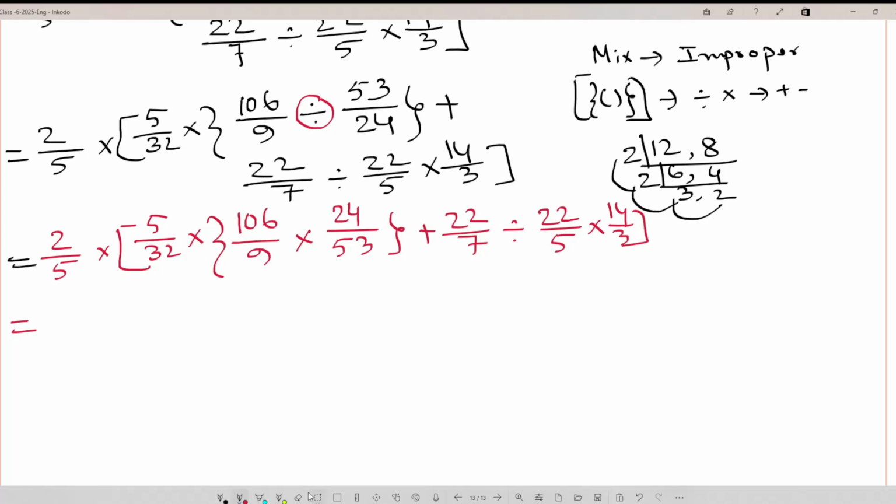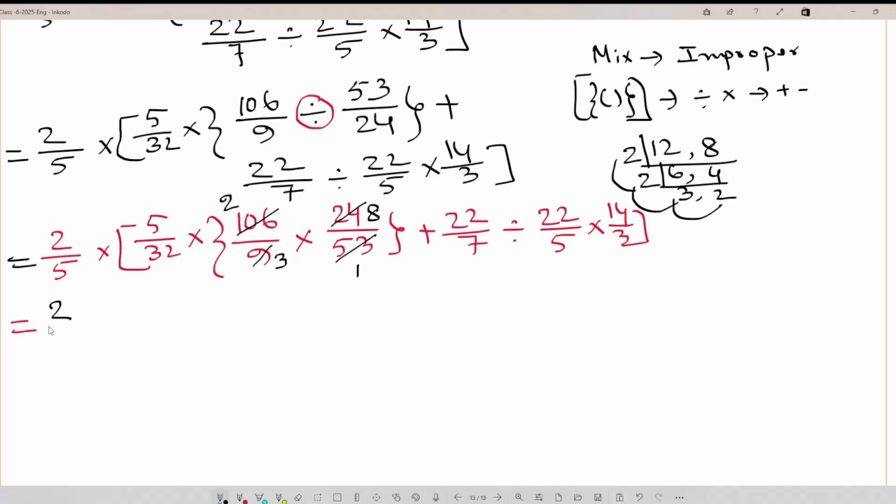Now look, here we can divide something. 106 divide 53, it will be 2, and here is 1. And similarly, 24 we can divide by 3, so here is 8, and 9 we can divide by 3, so this is 3.